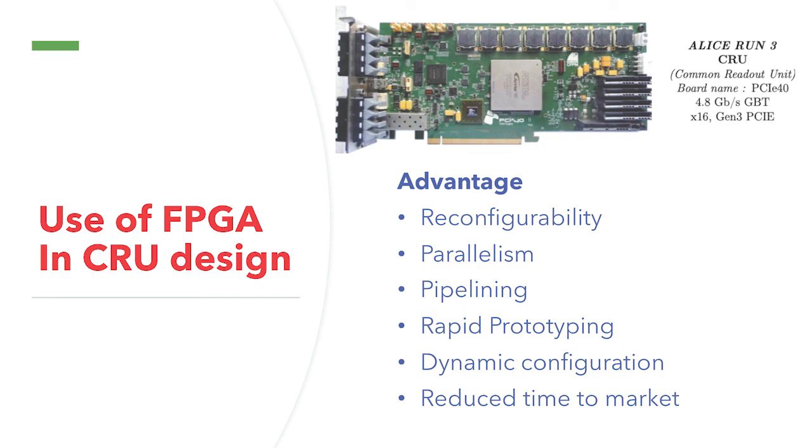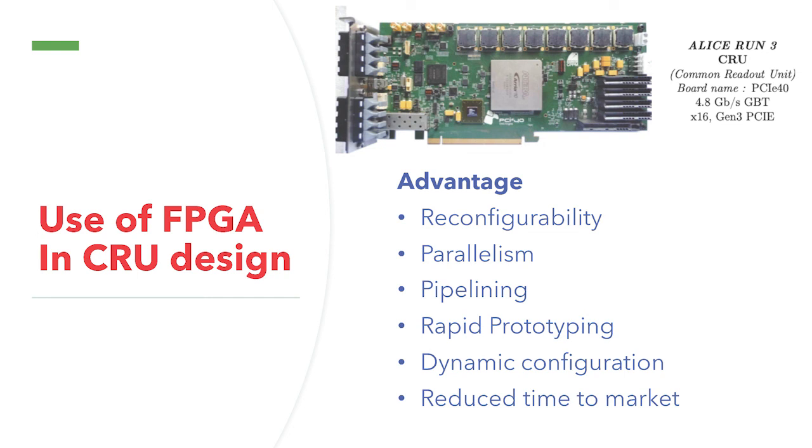What this board is capable of is that each of these mini pods supports 12 GBT links. So you can understand, 1, 2, 3, 4, that is 8 blocks are there. 96 GBT links can be captured simultaneously here, processed, and pushed to the PCI Express after doing data processing.